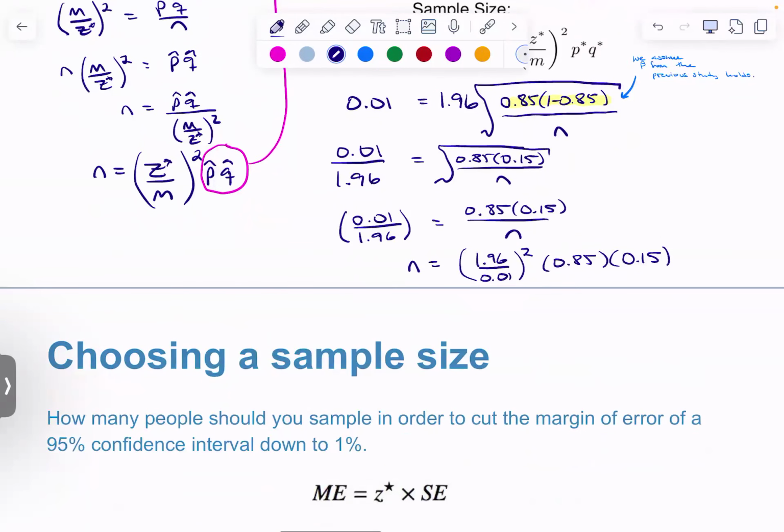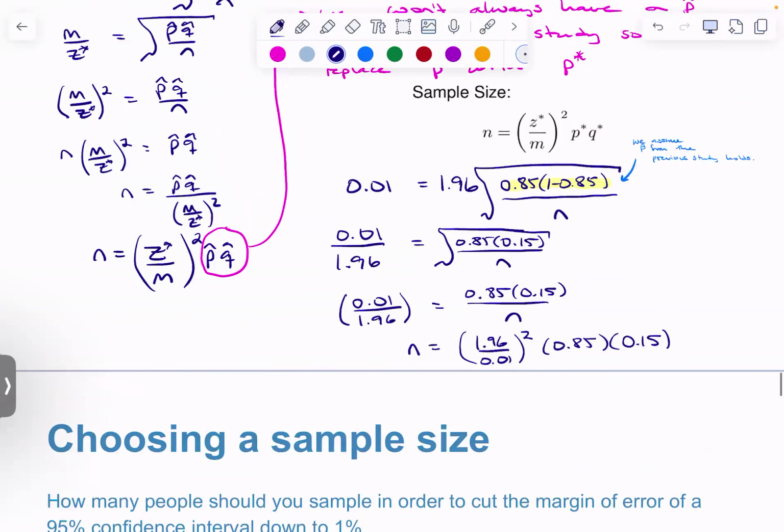Once I do that, which is the same as just jumping in from here, right? Z star over m squared, p star q star. 1.96 divided by 0.01, square that, times 0.85 times 0.15.